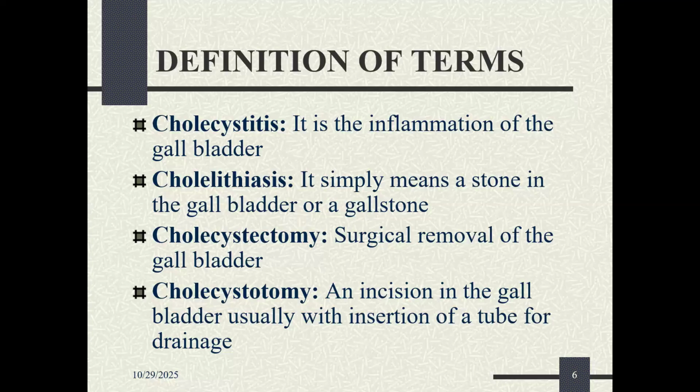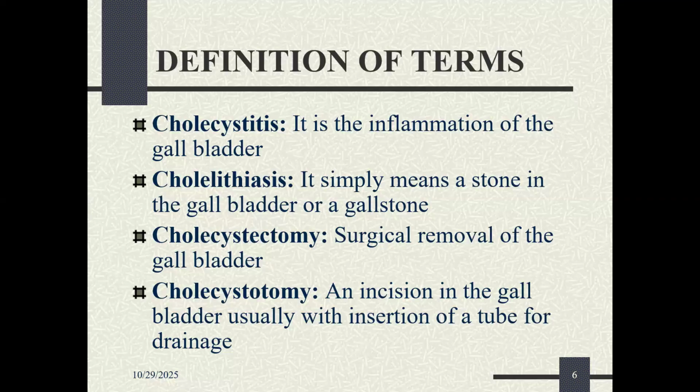Of course, we also have surgical interventions such as cholecystectomy and cholecystotomy. Cholecystectomy is basically the surgical removal of the gallbladder, and cholecystotomy is an incision into the gallbladder, usually with the insertion of a tube for drainage.